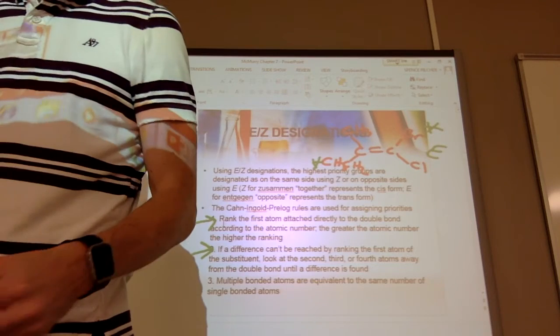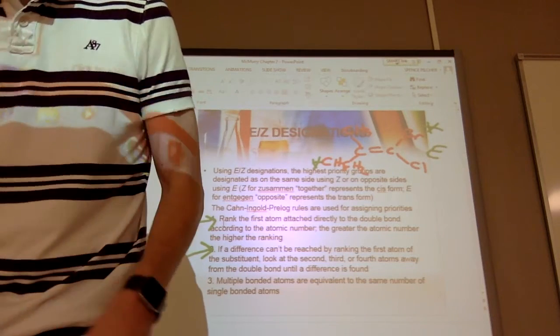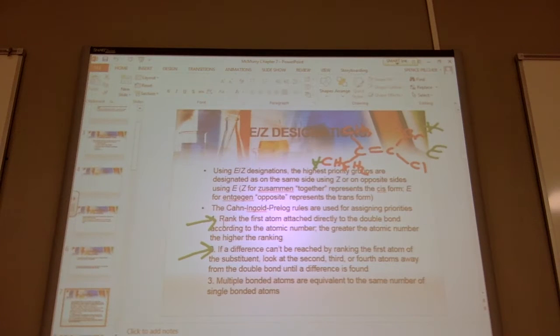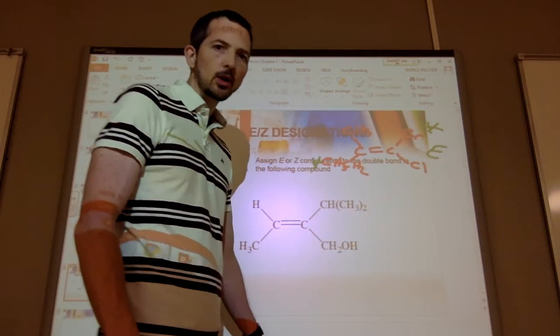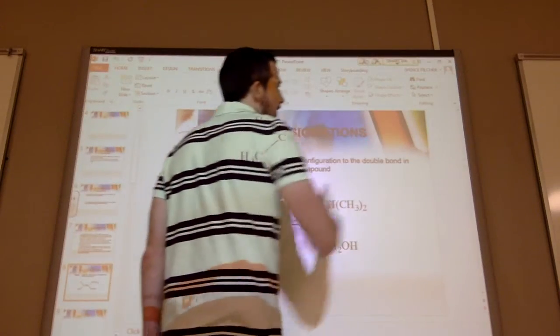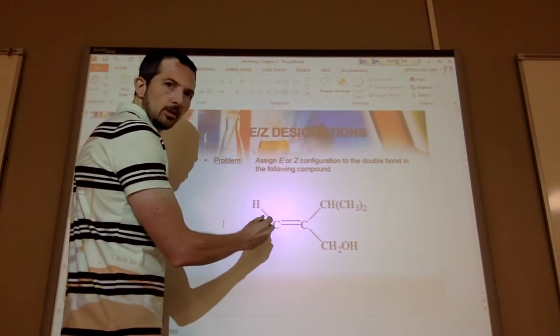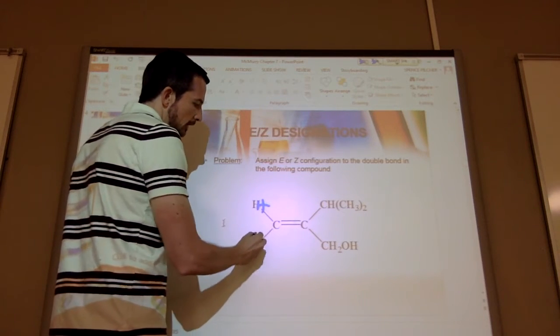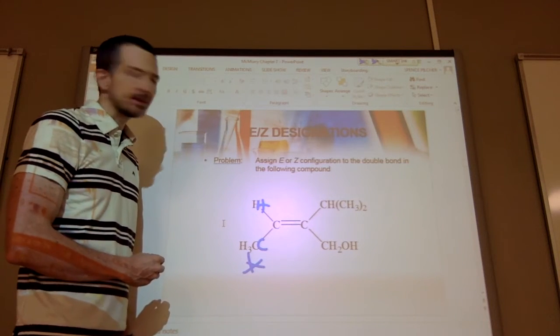So we'll look at an example and work some problems. Assign E or Z configurations to the double bond of the following compound. I have a hydrogen, comparing that to a carbon, so carbon is the highest priority on this side.